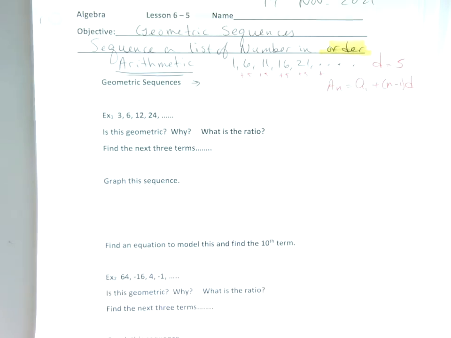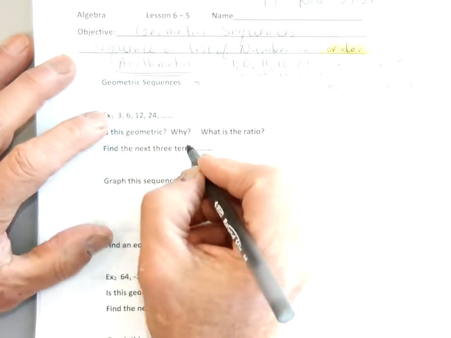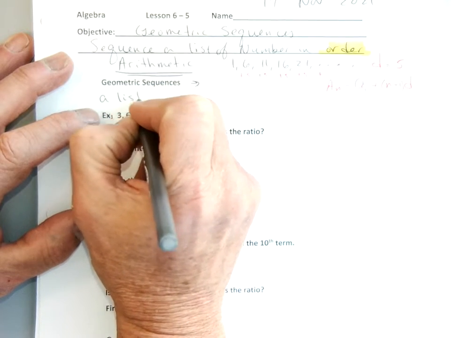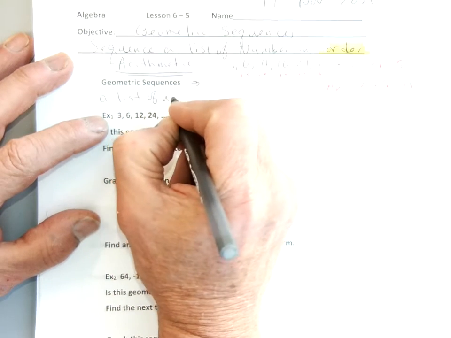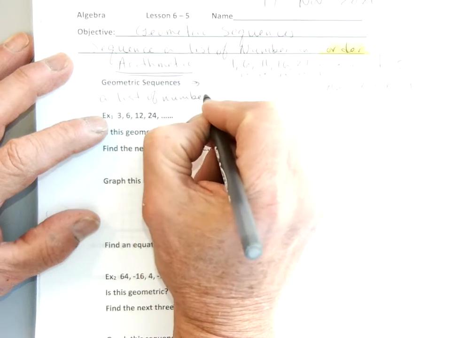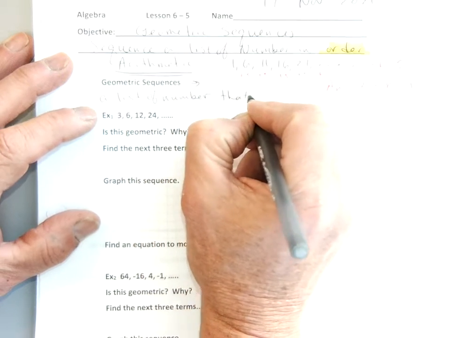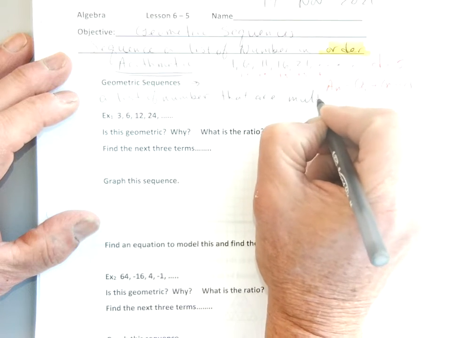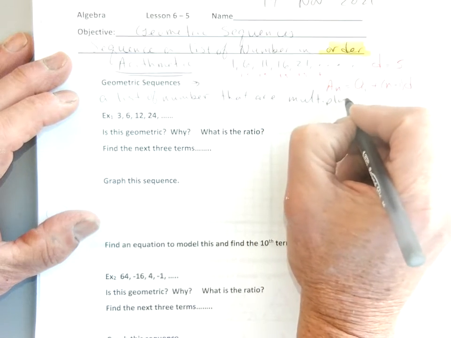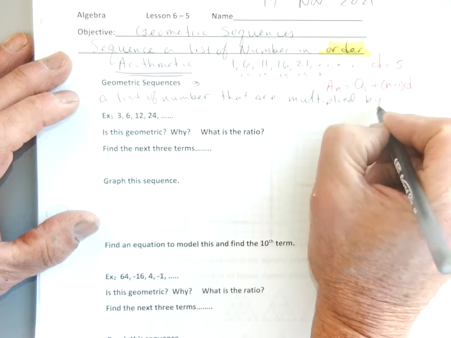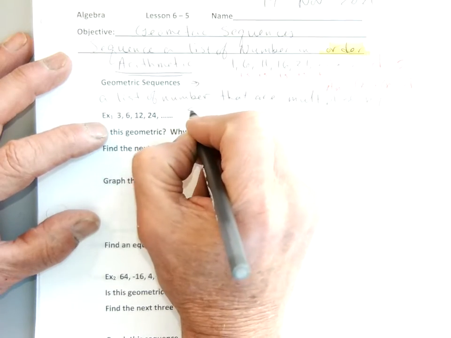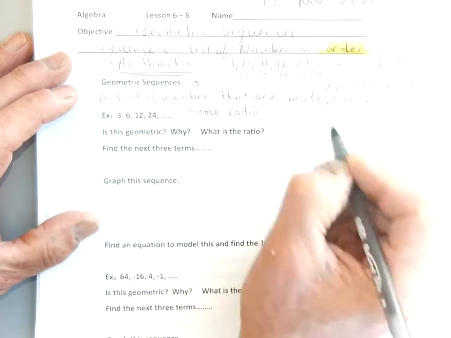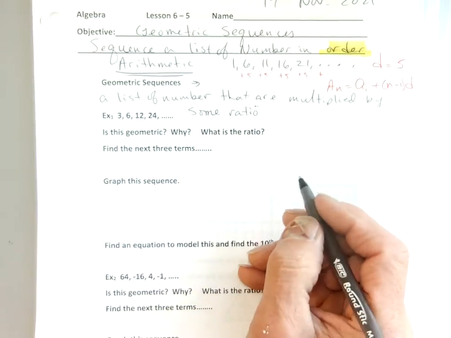A geometric sequence is a list of numbers that are multiplied by some ratio, okay? We're going to call it ratio, R.